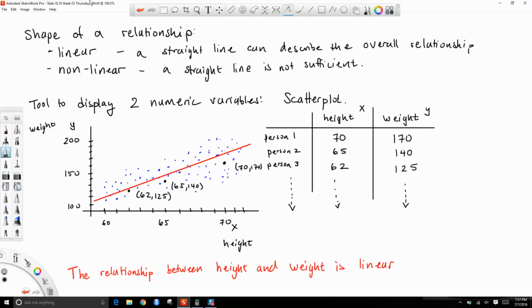And what's your concern? My question is, let's say that the point with the height of 65 and the weight of 140 was a little bit lower, and you wanted to draw a line from the one at 62 to 70, of course, to pass at 65, and it does not create a straight line.